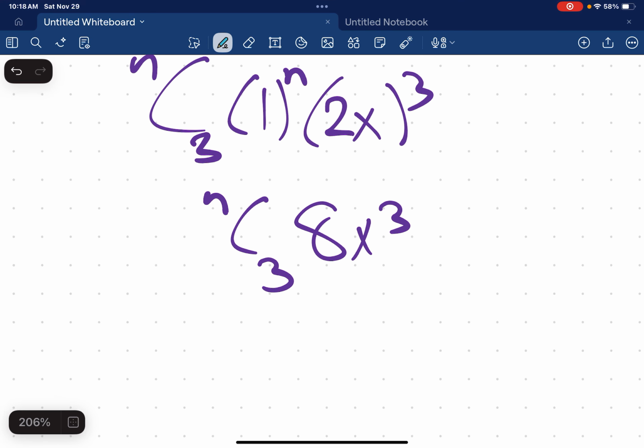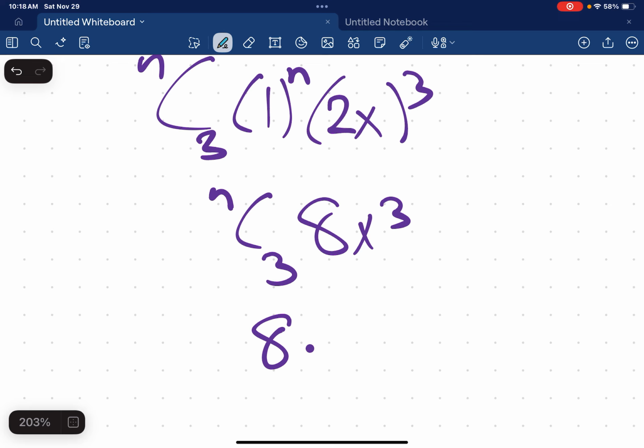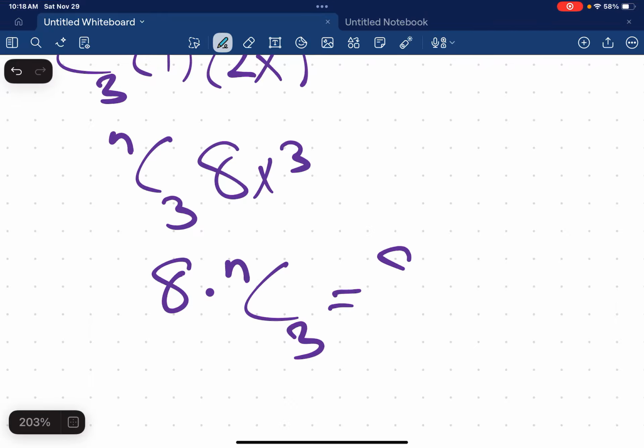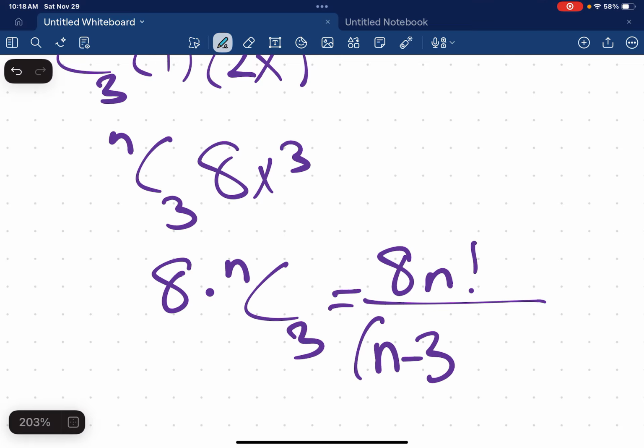We don't care about the x cubed, so it's just going to leave us with 8 times n choose 3, which is equal to 8n factorial divided by n minus 3 factorial times 3 factorial. If I'm not mistaken. No, 3 factorial. That would have been bad.